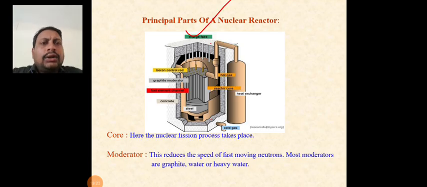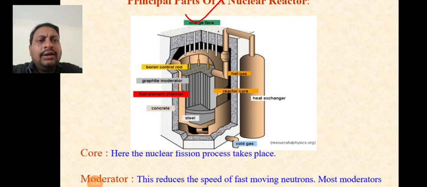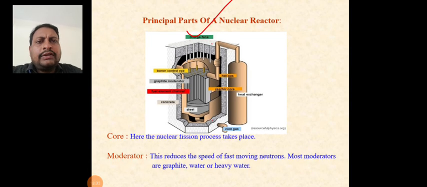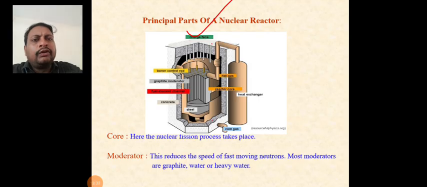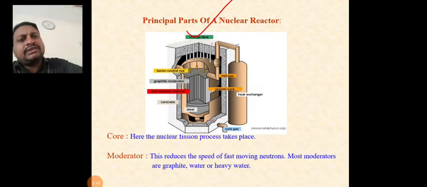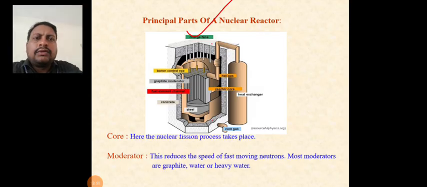Control rods control the reaction. If the control rods were not there, a large amount of heat would be generated. More neutrons would be generated, which would strike again and keep bombarding, so a large amount of heat would be developed.